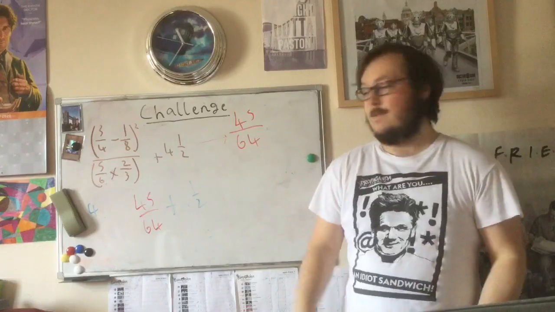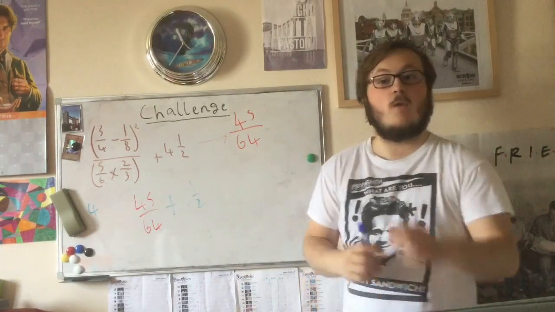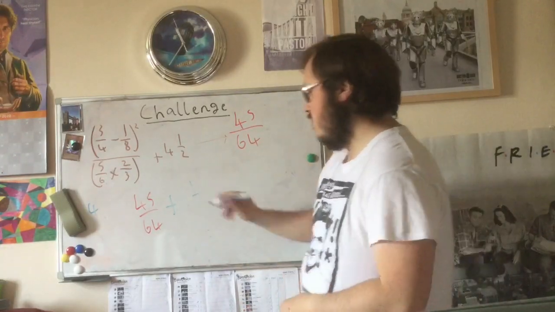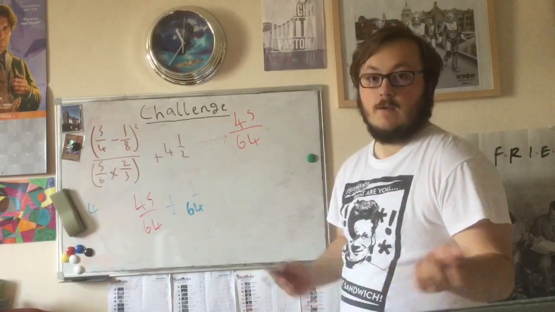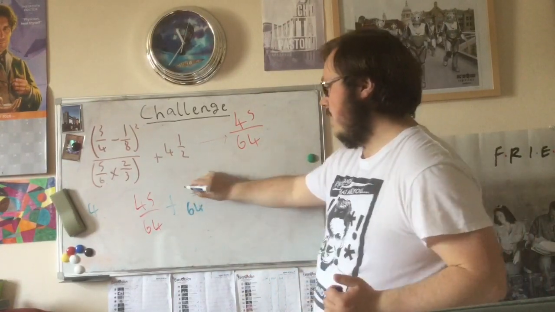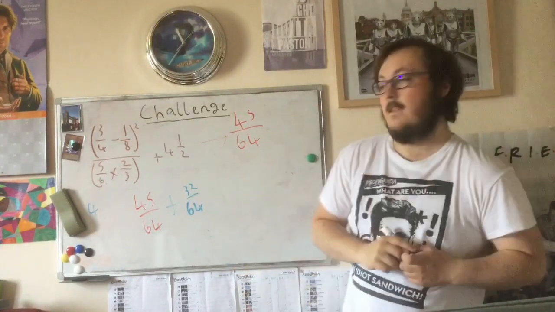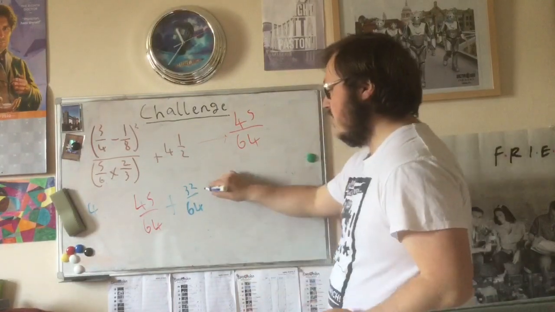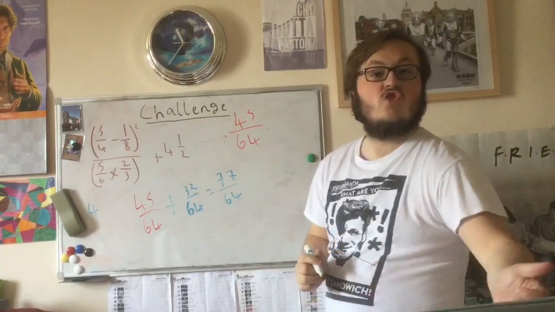But the problem is the denominators, the bottom numbers, are not the same. So how do we make them the same? Well, we change that 2 into 64 by multiplying it by 32. And that means we have to multiply the numerator, the top number, by 32 as well. So now it's 45 over 64 plus 32 over 64, which gets us 77 over 64, but I don't like top heavy.